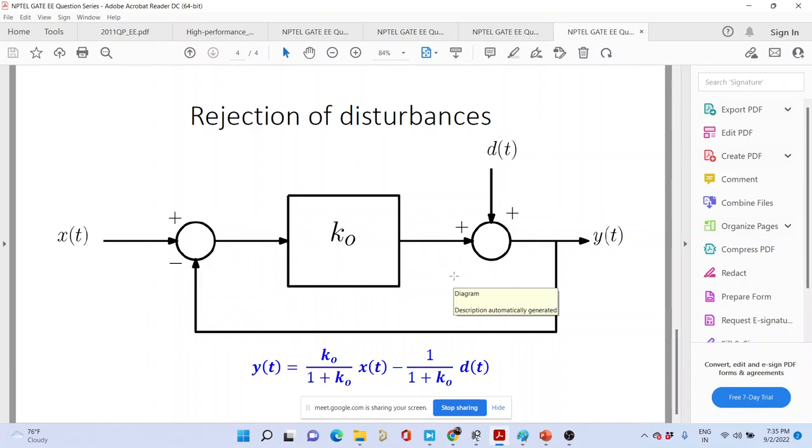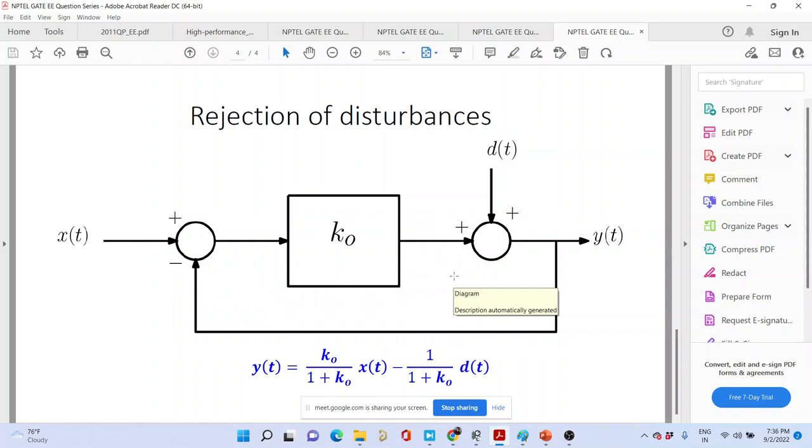That is the reason why you get zero steady state error when you have a PI controller, or a simple integrator. If you are about to track a DC signal, you use a PI controller or a simple integrator, and steady state error becomes 0. Why does it become 0? Because the transfer function of our integrator is 1 by s, and at DC, at omega equal to 0, the gain becomes infinity.